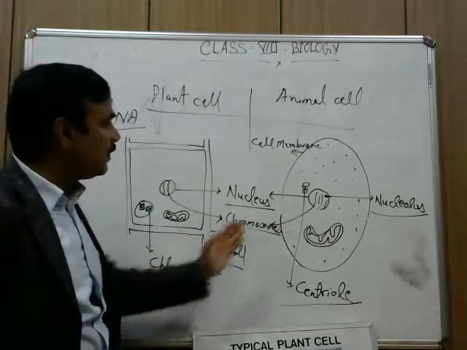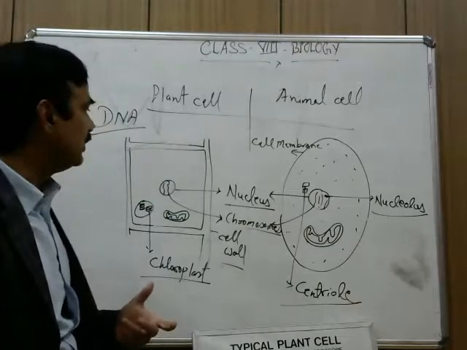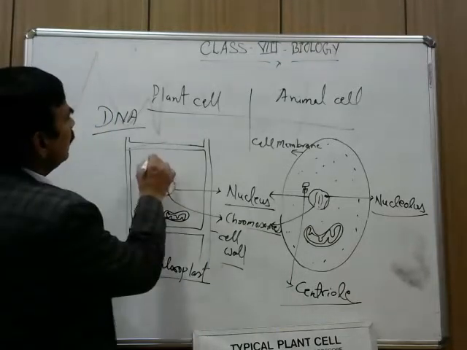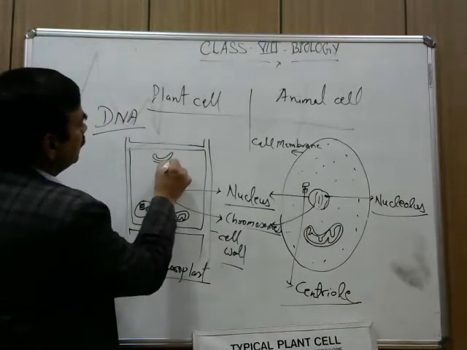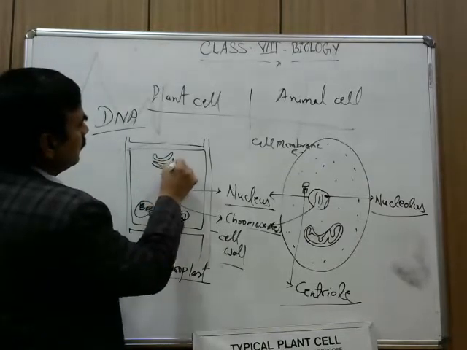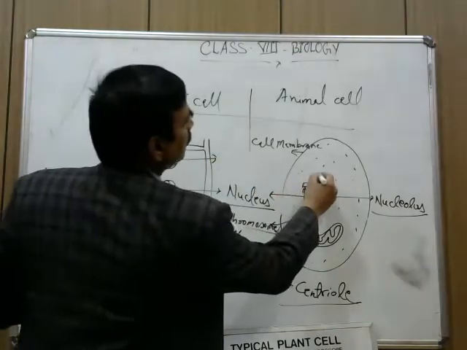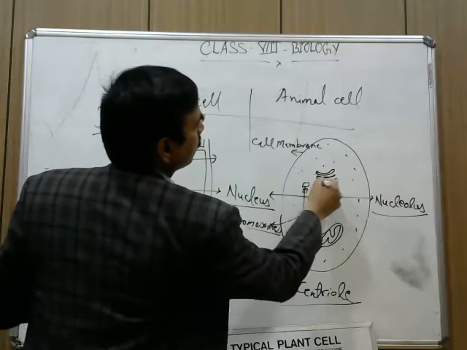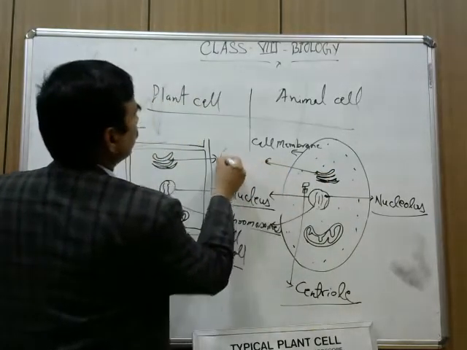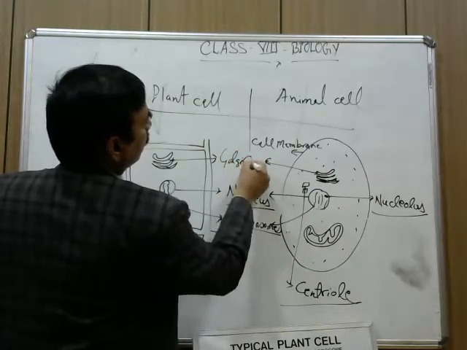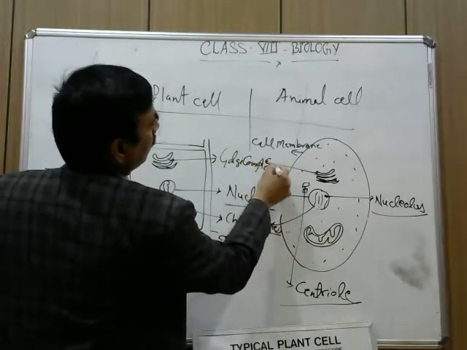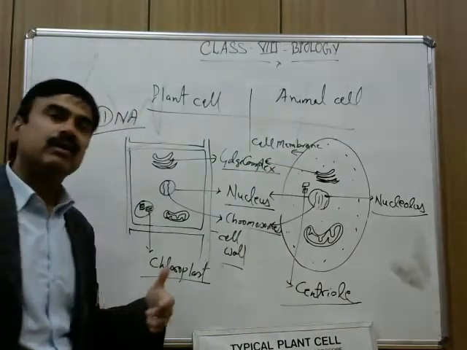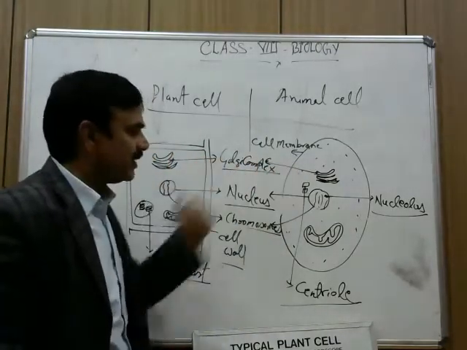And these chloroplast and mitochondria have their own genetic material, right? So you can also draw the Golgi complex. You can see the Golgi complex, Golgi some or Golgi body, Golgi complex.